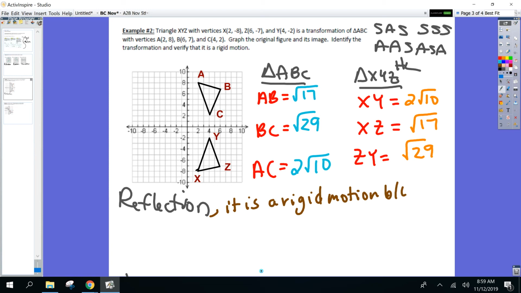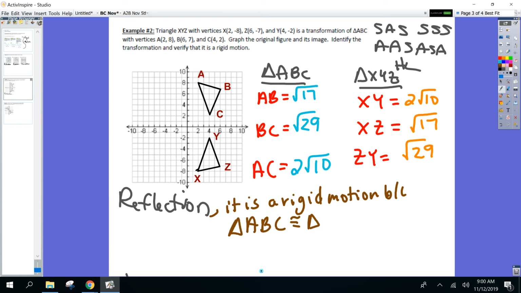Because what did I know about the triangles? The 2 triangles are triangle ABC. Better watch yourself here because I don't think it goes in alphabetical order, the next one. I don't think it goes XYZ here. Just throwing that out to you.